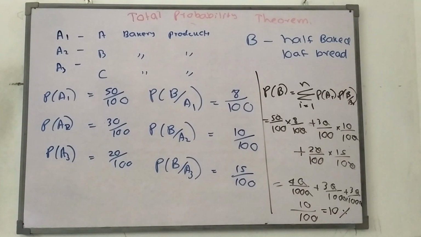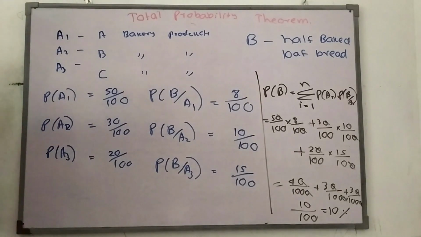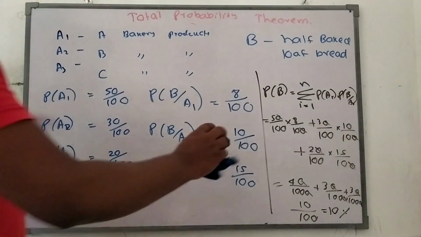So now I'm going to discuss this example using a decision tree, sorry, not a Venn diagram, using a decision tree, right? Okay, so I'm drawing the decision tree.